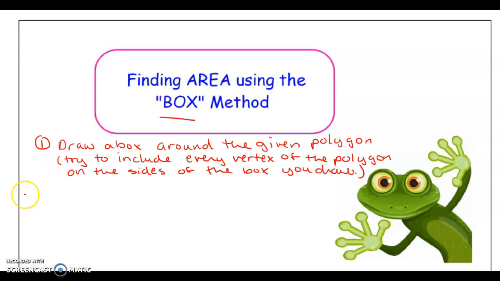Okay, step 2. We're still dealing with that box. Calculate area of the box. Which is your base times height, or your length times width. Number 3.